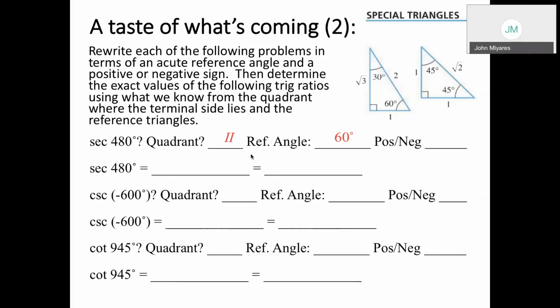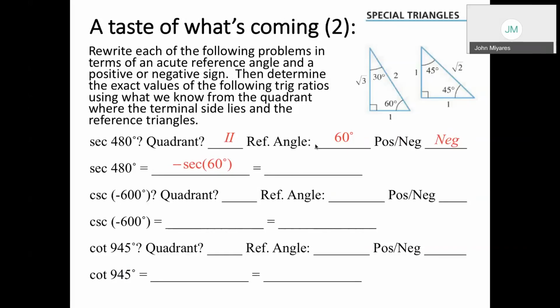Secant behaves like cosine. Cosine is negative in quadrant 2, therefore the secant will also be negative in quadrant 2. So now I'm going to take the fact that this is negative and the reference angle is 60 to rewrite the secant of 480 degrees as the negative secant of 60 degrees.